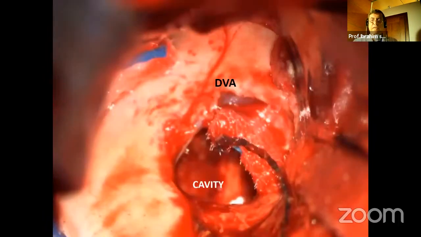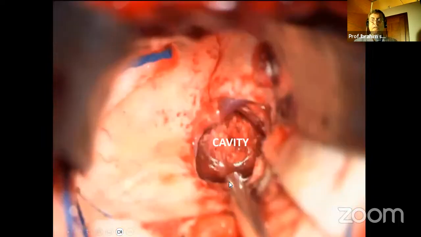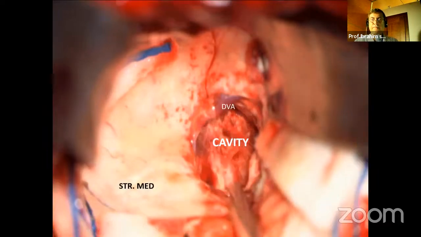So you inspect the cavity to make sure there is no remnant. Indeed, there is no remnant. You can see the white matter of the brainstem. And the DVA has been preserved. This is the stria medullaris here, and this is the midline. Let's see the video now.